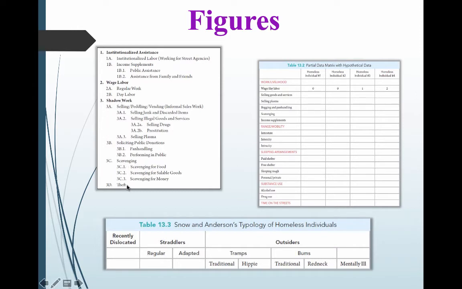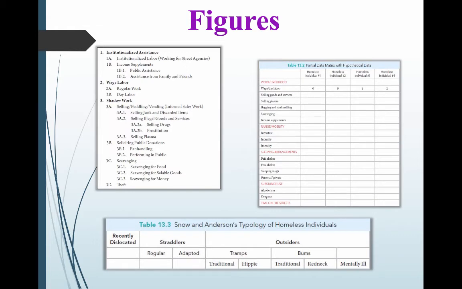What does that mean? It's broken down into subcategories, and then for instance, scavenging as a subcategory. What does scavenging mean for food, for goods, for money, etc.? So even though you are saying these are the overall themes, you're looking at maybe these three, you then break them down, and then you break them down further to further clarify, right? So the taxonomy is just a visual representation of that.